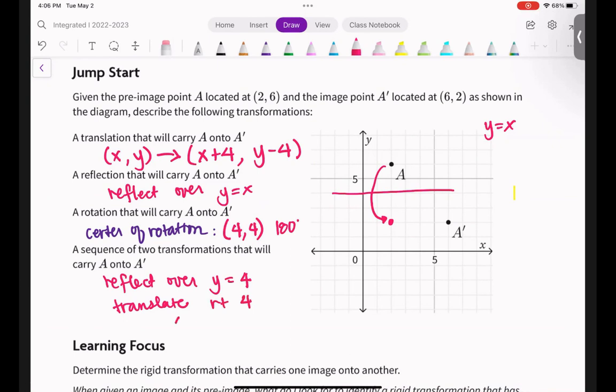That would look like (x + 4, y). And then there's a bunch of other ones. You can rotate it so that it's just short of it and then move it down one, right one. There's not just one answer.